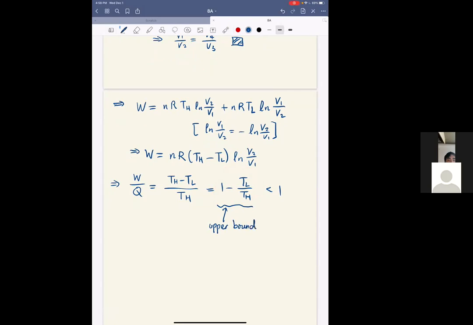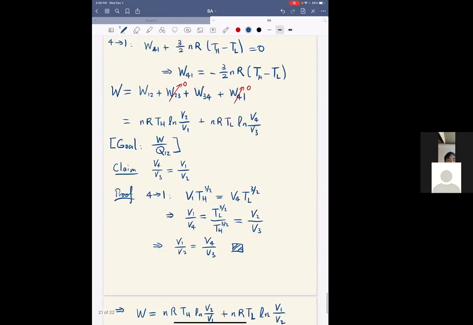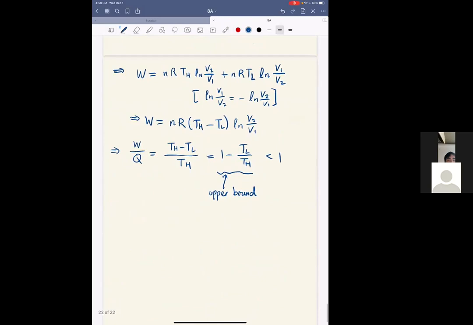This is also why we're studying the Carnot cycle, because it's a cycle that gives the upper bound, and that's why it's interesting. The fact that this is the upper bound is actually the second law of thermodynamics, which I don't think will be covered in this course. But you might be wondering what the second law is, and this is the second law.